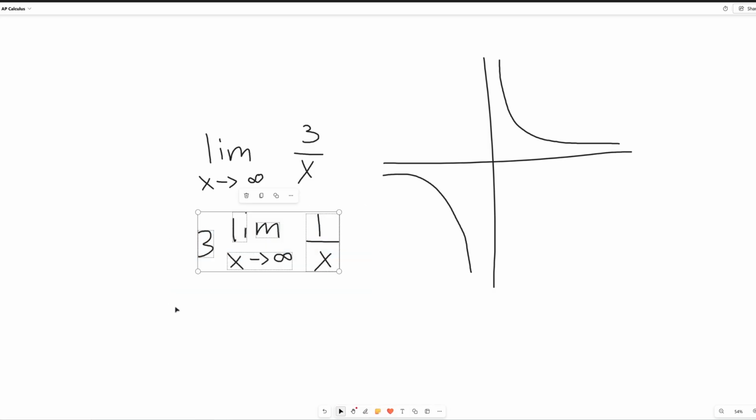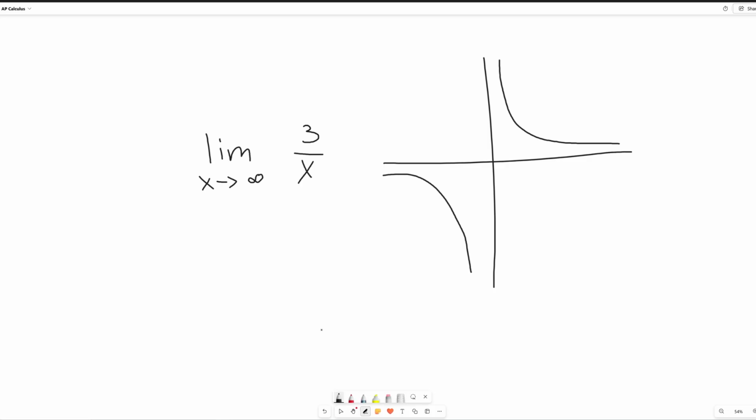So it does not matter what constant you put up there, and it does not matter what constant you put on the bottom. If you have 1 over x plus 2, or we can do 3 over x plus 2, it really does not matter. Any terms that are added onto the x that are not connected to the x are invalidated when it goes to infinity.